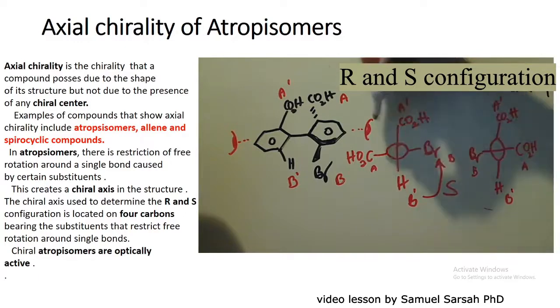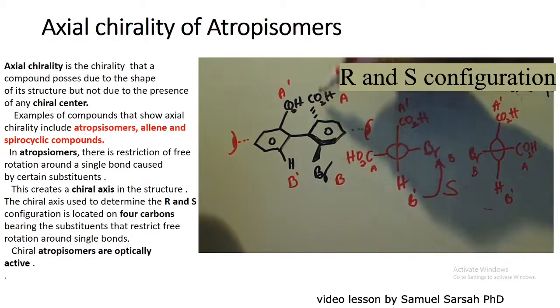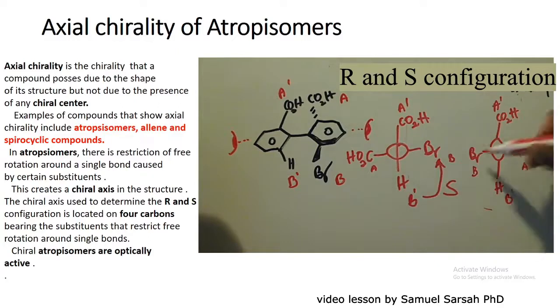So since I'm standing here and I'm looking at this first, I have to use the horizontal groups first. So B and A, which one is higher priority? Of course, there's a bromine, so we have to use the carboxylic acid group, which is A, first.